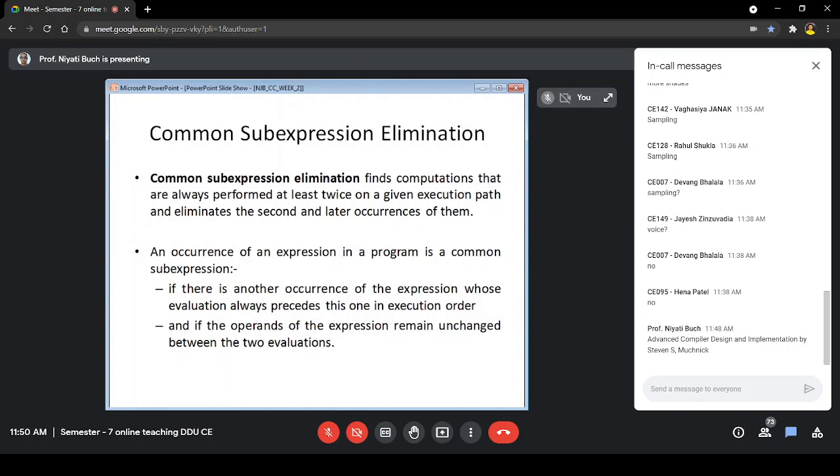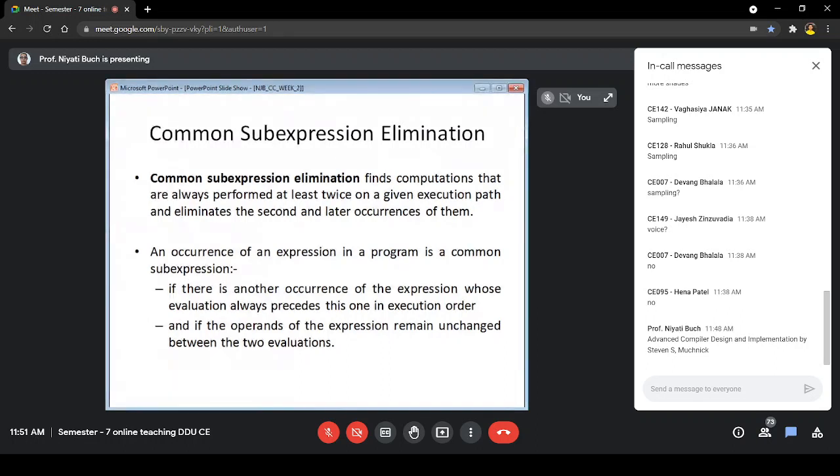Then we can call it a common sub-expression. And the second thing, very important, is that the operands of the expression remain unchanged between the evaluations. Here we will give more emphasis to binary operations, so we will be talking about both the operands. If any one of the operands changes, then the result will change, and you cannot call it a common sub-expression. Then you are not supposed to eliminate it because it will be a separate expression.